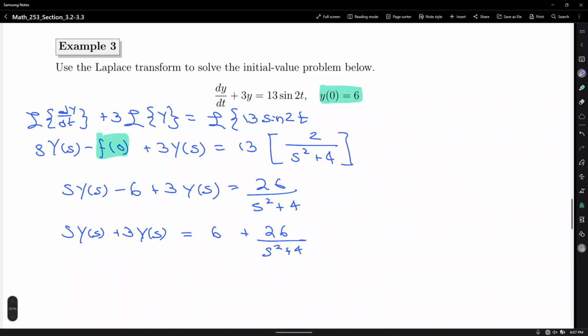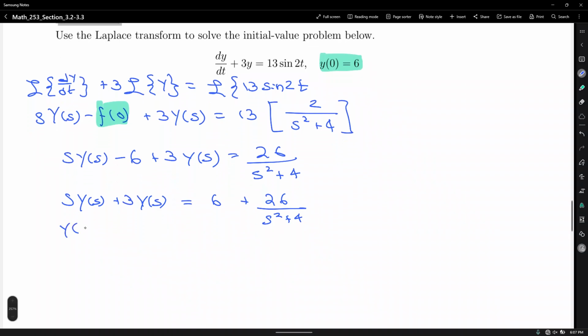How about we factor out Y of s? So Y of s times s plus 3 equals 6 plus 26 over s squared plus 4.